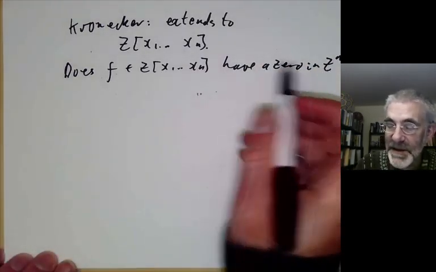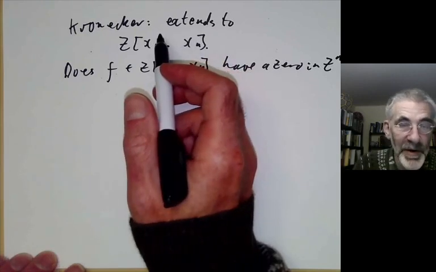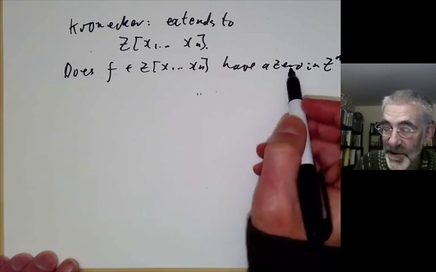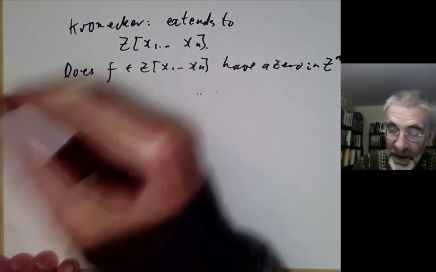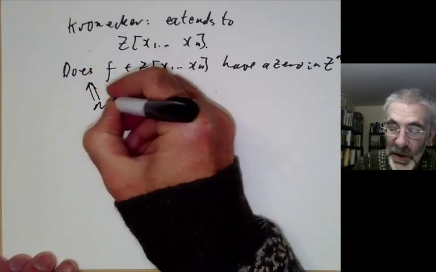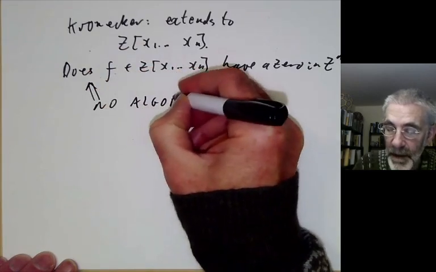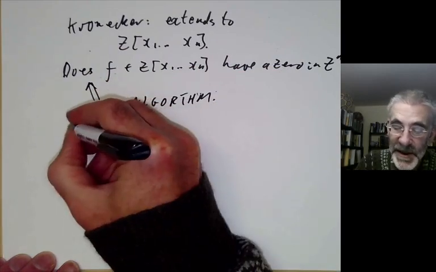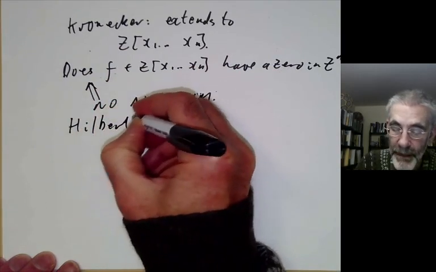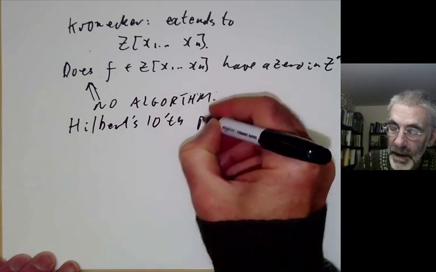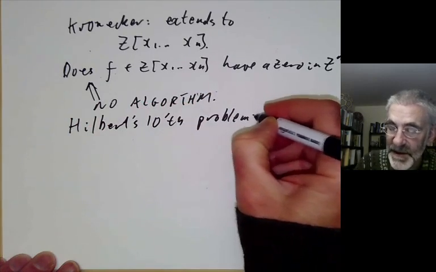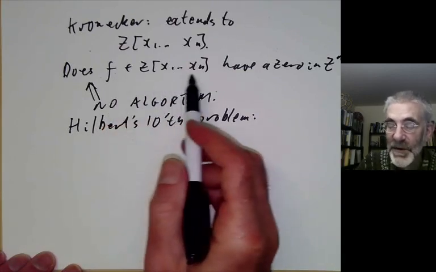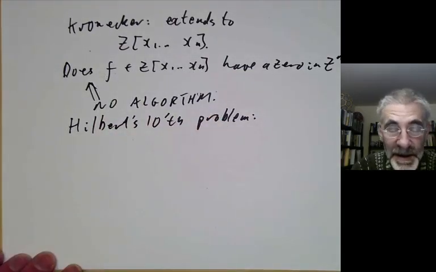Finding a 0 doesn't sound too different from factorising a polynomial. In fact, it seems, for polynomials in one variable, it's just a special case of factorising it. But rather surprisingly, there is no algorithm for solving this in general. This is actually Hilbert's 10th problem. So Hilbert had this famous list of about 23 unsolved problems, and the 10th problem was to find an algorithm to tell whether a polynomial has integer coefficients.